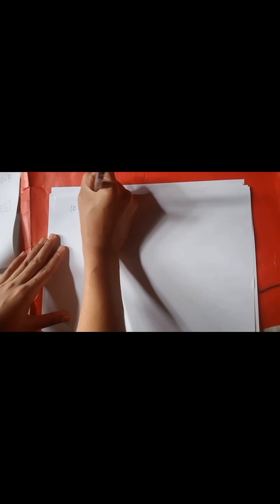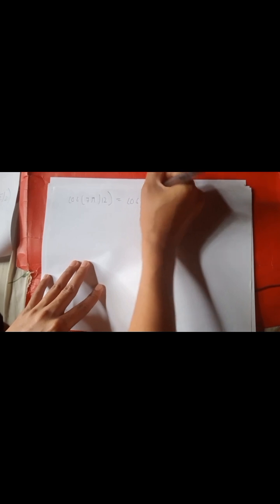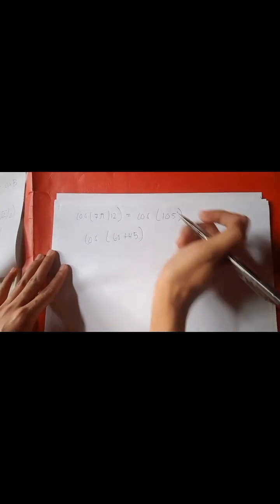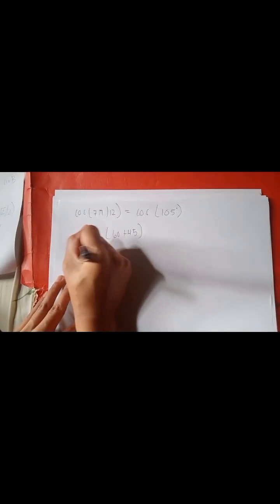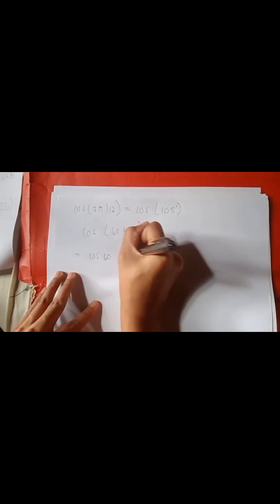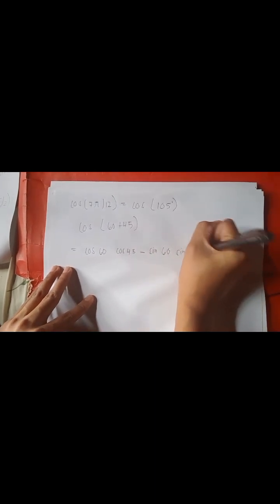So let us solve next. So the problem is cosine 7 pi over 12 is equal to cosine 105 degrees. So cosine 60 plus 45. So is equal to cosine 60 cosine 45 minus sine 60 and sine 45.